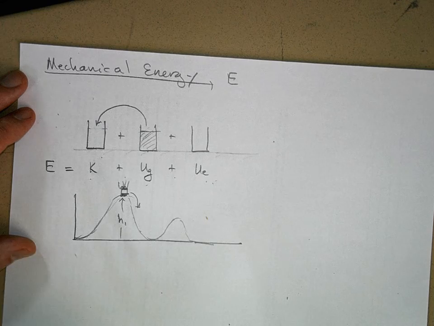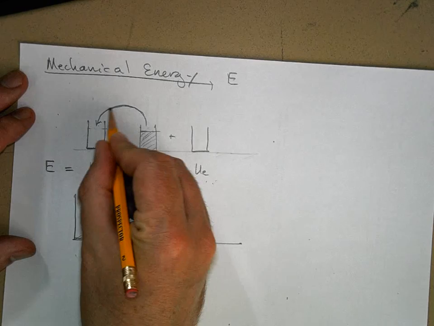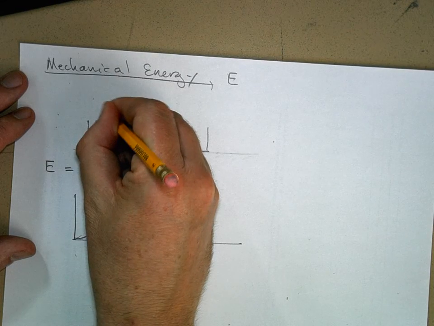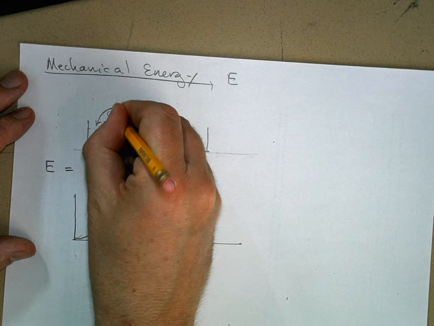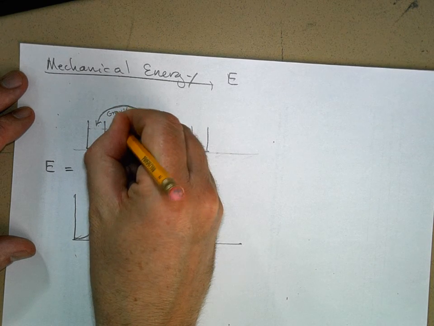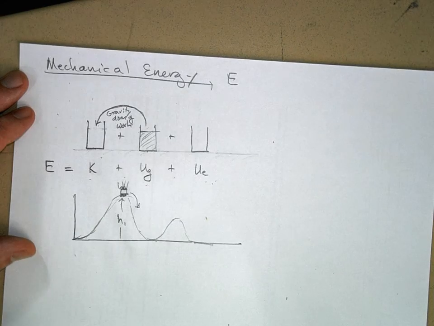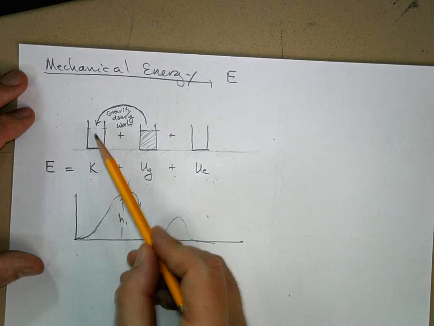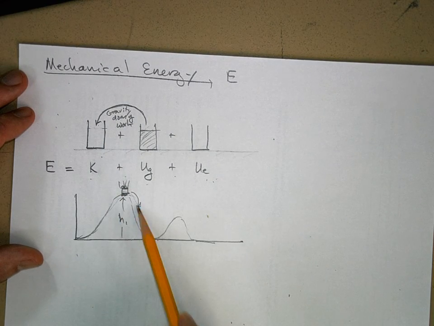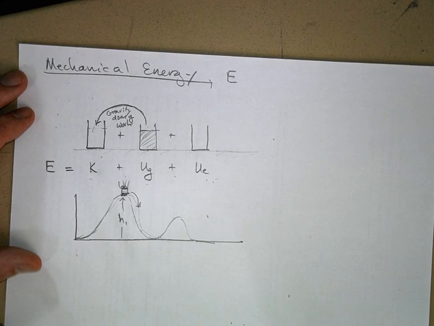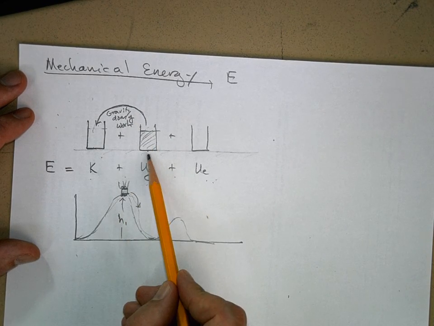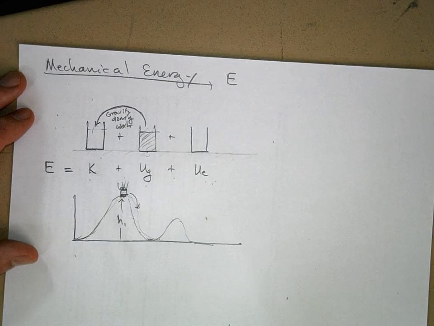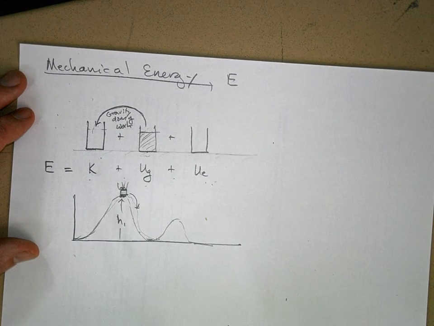So this arrow right here represents the work done by gravity. You are up at the top of this hill, you go down like this, and gravity starts giving you kinetic energy. When you're at the bottom of this hill, all of your gravitational potential energy has been transferred into kinetic energy. But then you start going up this little hill.